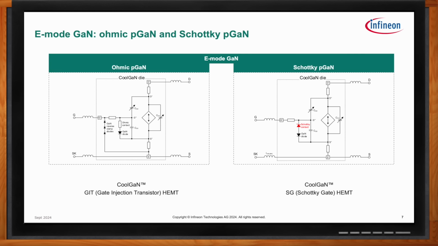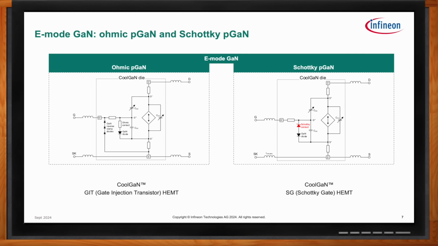At the heart of the diagram is the diamond-shaped current source, which represents the two-dimensional electron gas we mentioned in the previous slide between the drain and the source. And the two resistors in series, one on the top and the other on the bottom, signify the on-resistance of the channel. Given the physical proximity of the gate to the source, the bottom resistor is a smaller portion of the overall on-resistance.